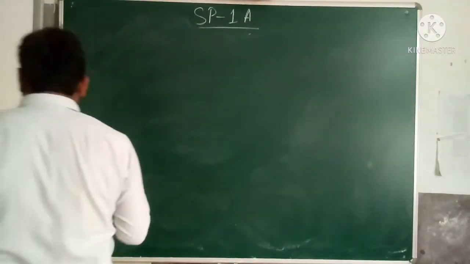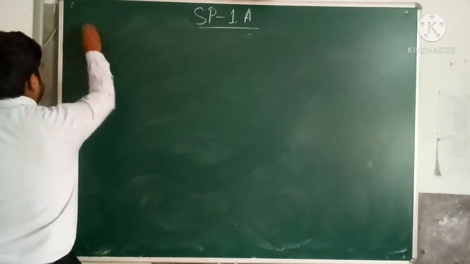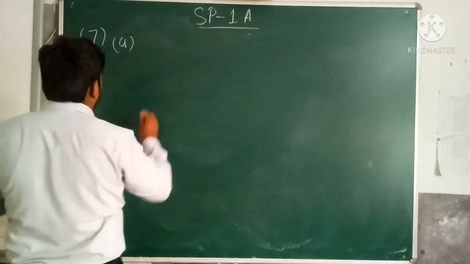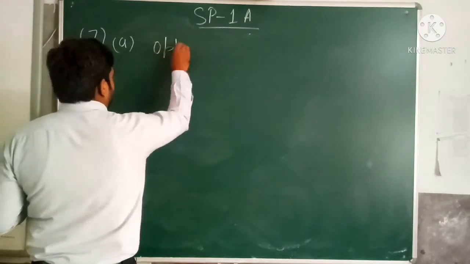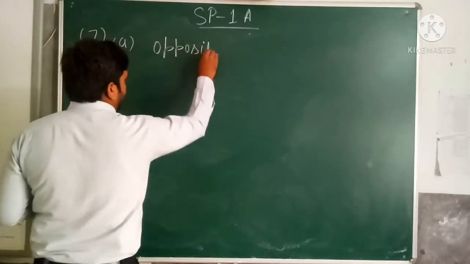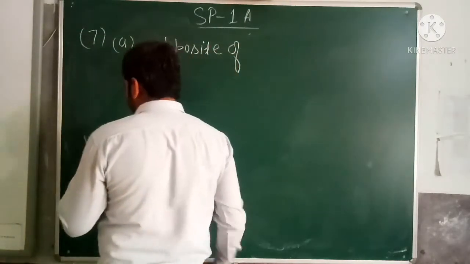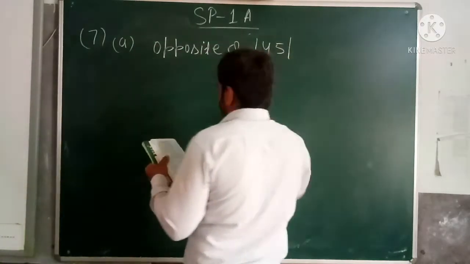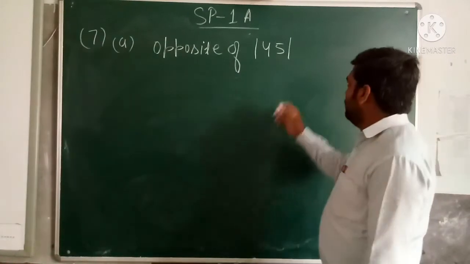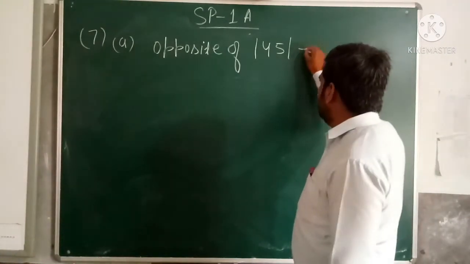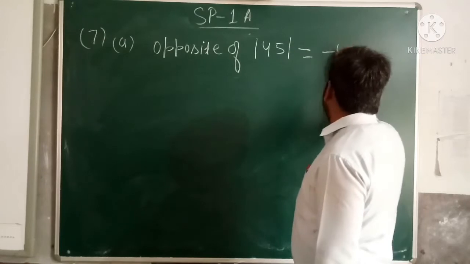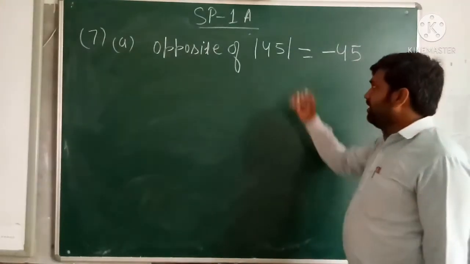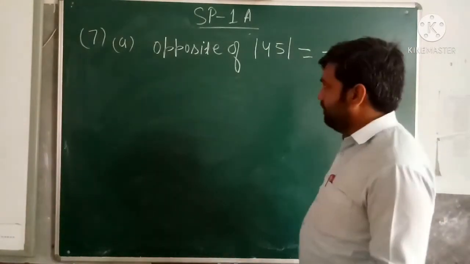Question number 7, write the opposite of mod of 45. This is the absolute value of 45, so it returns the positive value only. So the opposite of this will be minus 45, because it will give you the positive integer plus 45, and the opposite of plus 45 is minus 45. Okay.